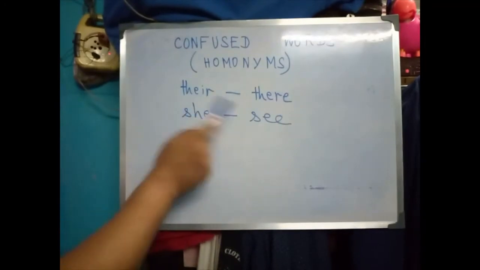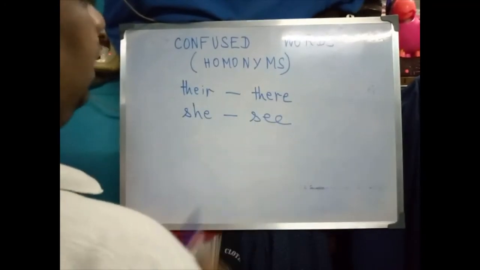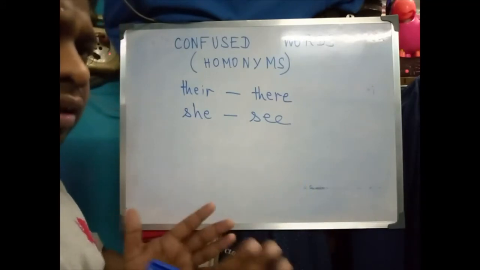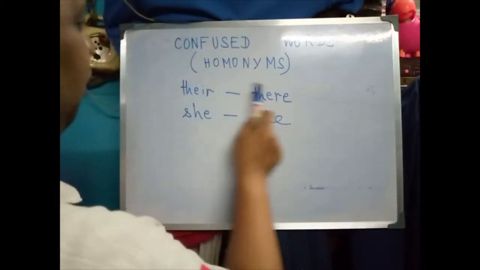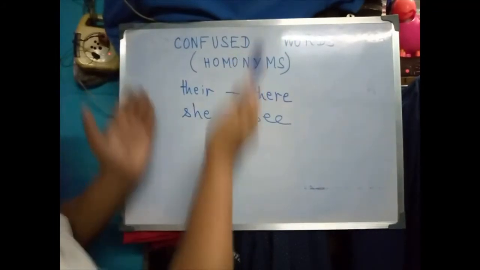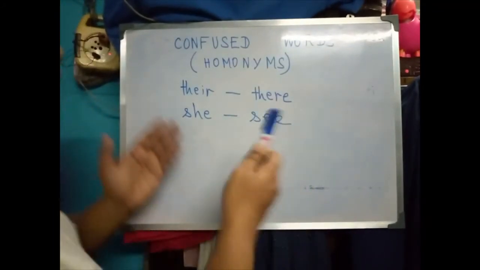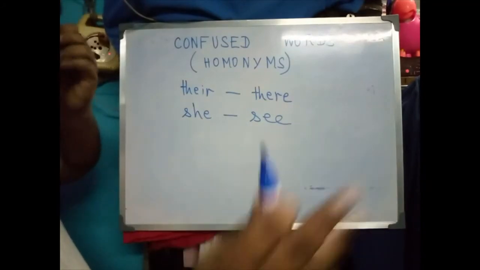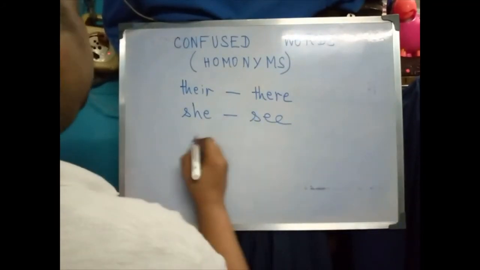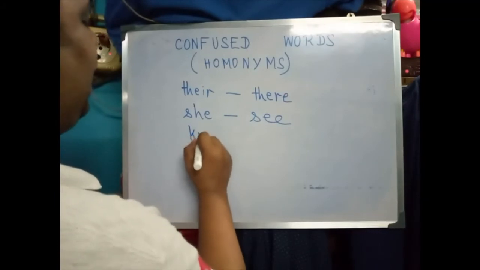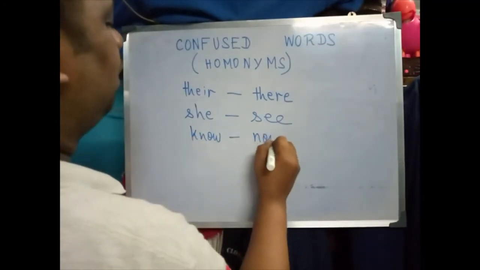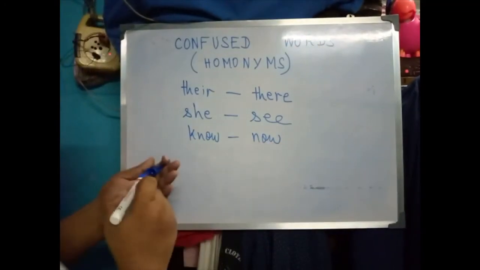So these two words, there, see, they may be heard alike, but they have different meanings. So these are called confused words, or these may be called homonyms. Now I may give you more examples. K-N-O-W, know, and N-O-W, now.